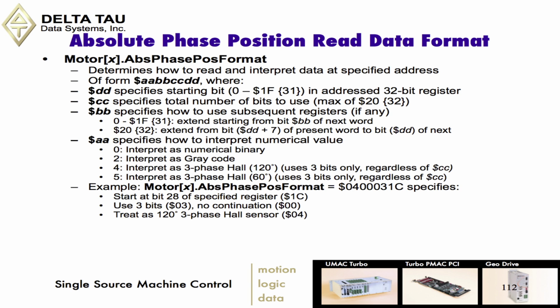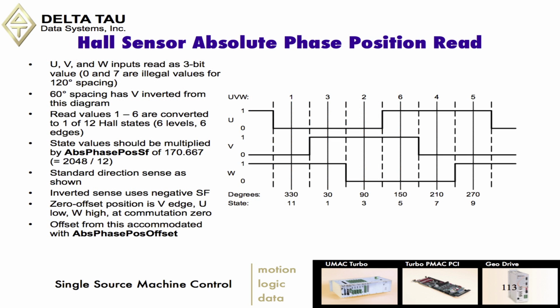And then we can also have absolute phase position offset. And so we can see the absolute phase position format is the same as it is in absolute position read format. We can use Hall sensor to approximate the absolute phase position read.